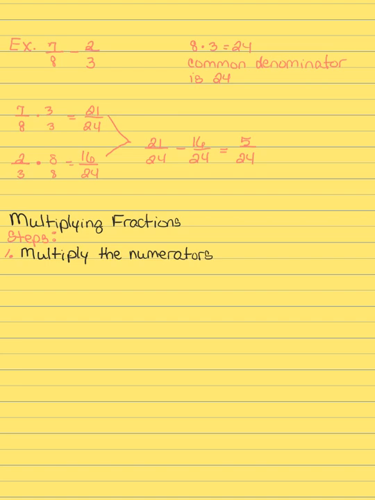Step 2, multiply the denominators. And step 3 is simplify if necessary.